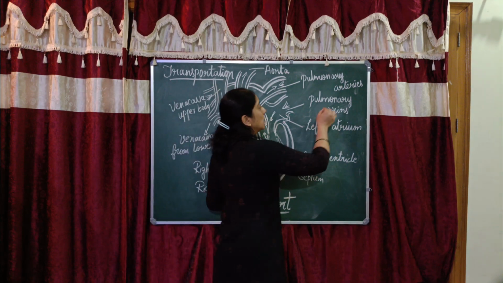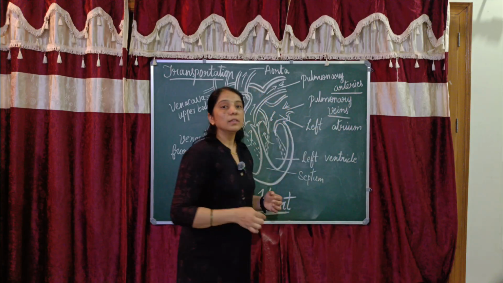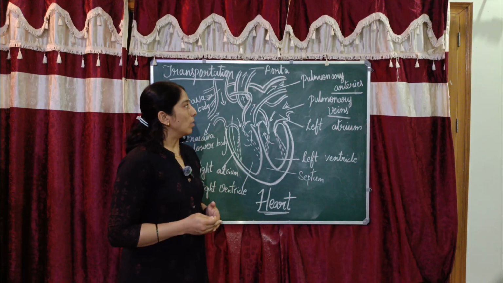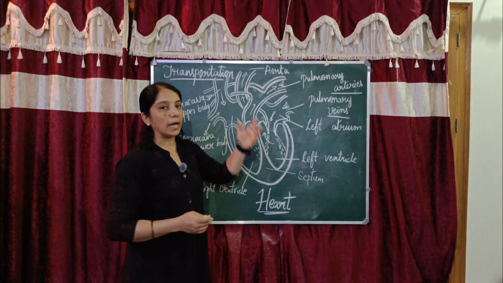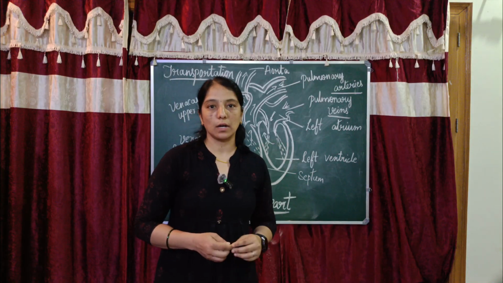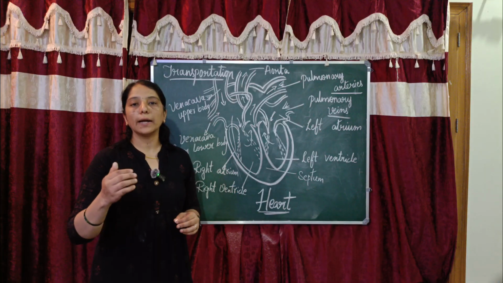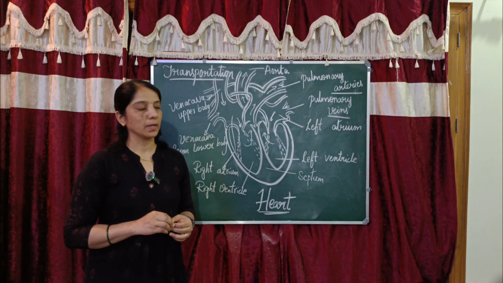Very important question. Arteries have thick, elastic walls, because arteries pump the blood from the heart into the various organs of the body. So they have thick and elastic walls and also are under high pressure.